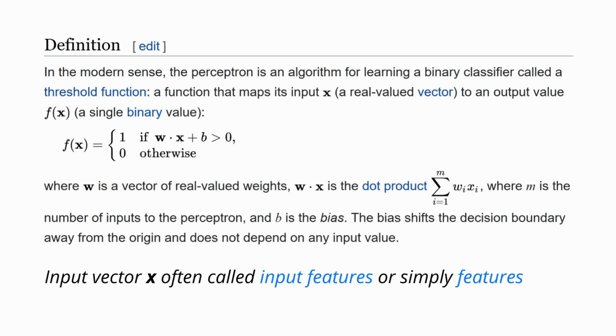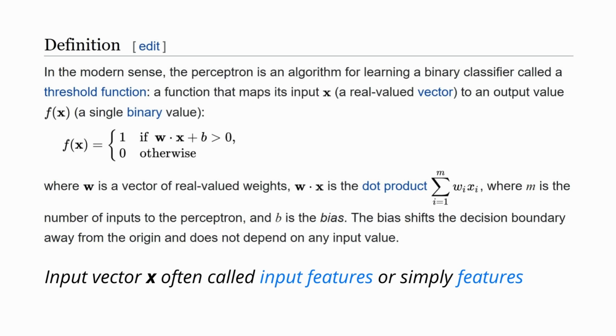We have the red vector w of our real valued weights. And then I perform the dot product of the weights with the input vector. This is a dot product where m, the summation we sum over, is the number of inputs to the perceptron. And in our case, I had 4 criteria, or features, so m would be equal to 4. And the input vectors x are often called input feature vector or simply the features.